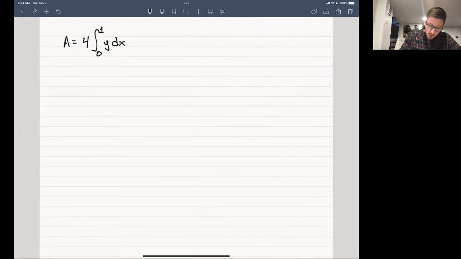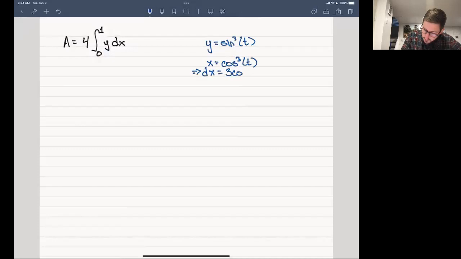So now what do I do? Well, we do a little bit of substitution. So first of all, we know y is equal to sine cubed of t. And we also know x is equal to cos cubed of t, which tells me that if I take the derivative here, dx is equal to 3 cos cubed of t, and then, minus 3 cos cubed times sine of t, because I have my derivative of cos.